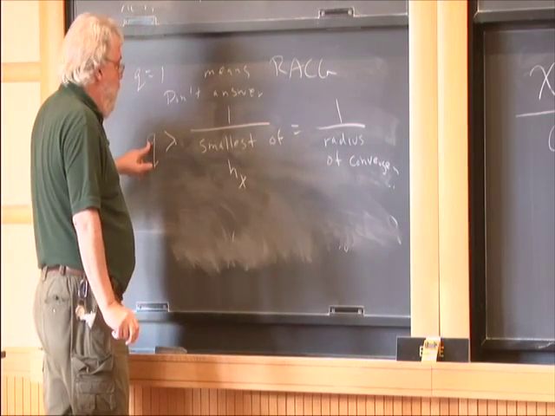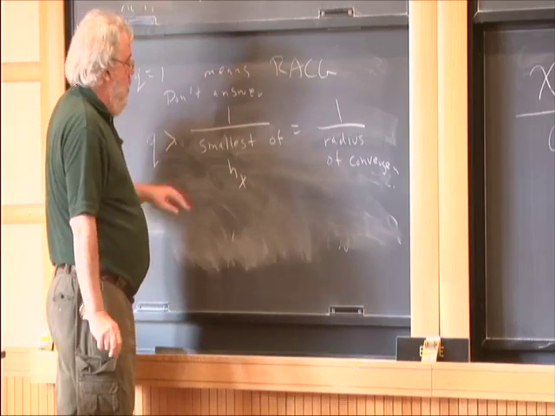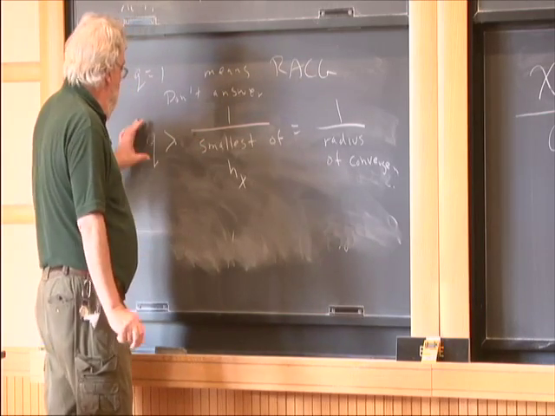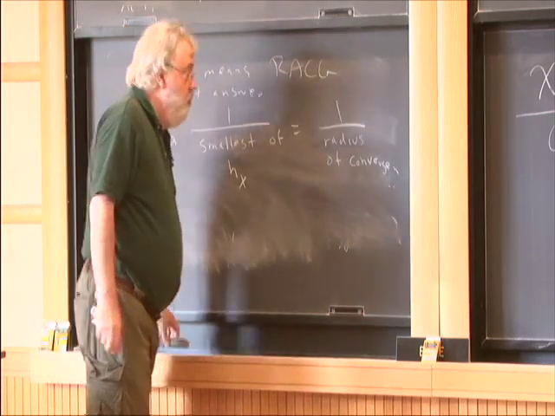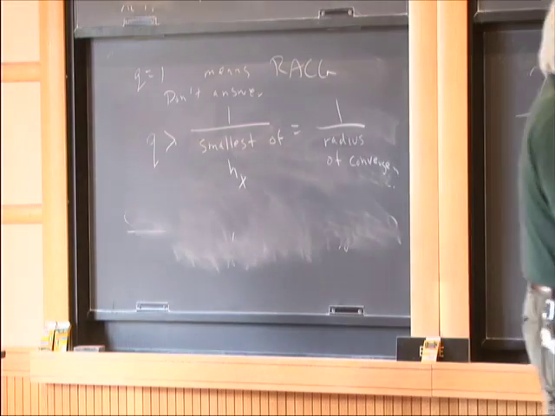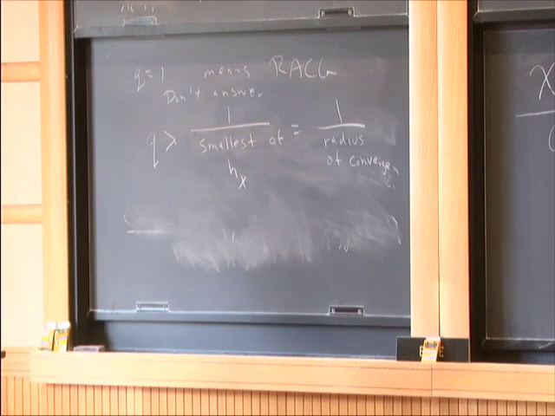If the number q is bigger than that, the smallest root is a number less than 1, so 1 over it is a number bigger than 1, then you know the answer. And this is the answer. Maybe theorem 3. So if q is bigger than 1 over this, I usually call it rho, this number rho, then the answer is very similar.